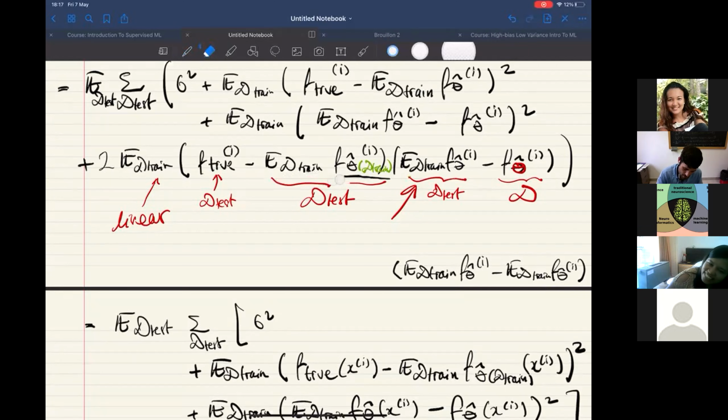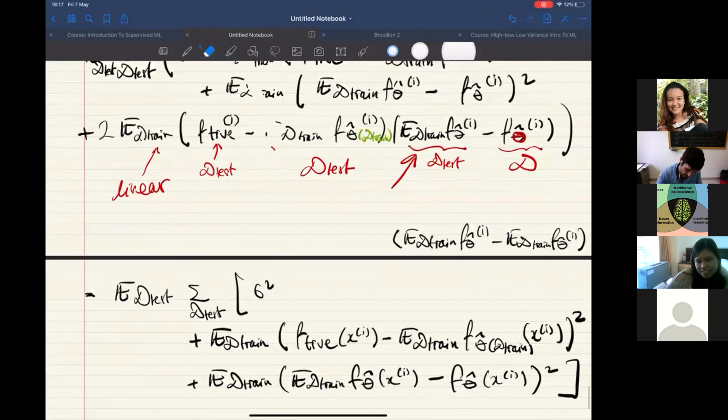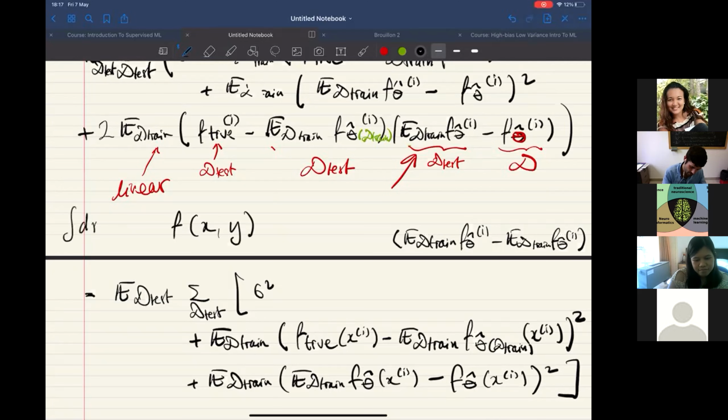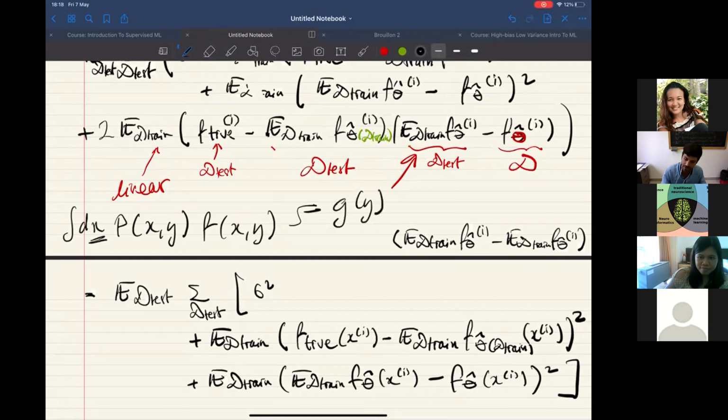The operation I'm doing here is called a marginalization. It's like if you have a function of x and y, and x and y have a joint law, and I'm averaging over x, what I obtain is a function of y only.